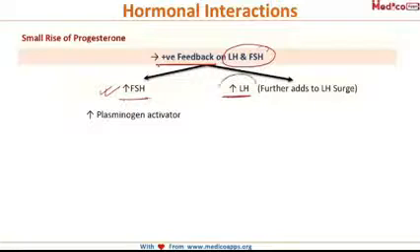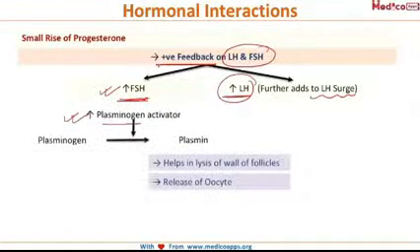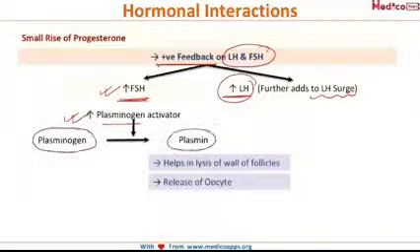This increased LH level will further add to the LH surge, whereas the increased FSH level increases the plasminogen activator. And this plasminogen activator in turn helps in the conversion of plasminogen to plasmin. And it is this plasmin which helps in the lysis of the wall of the follicle, thereby leading to the release of the oocyte.